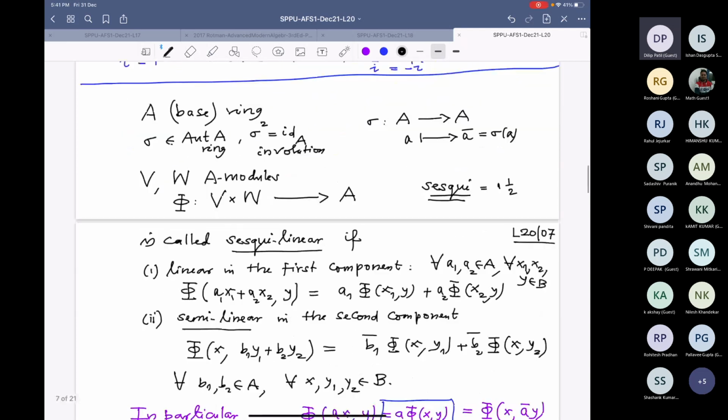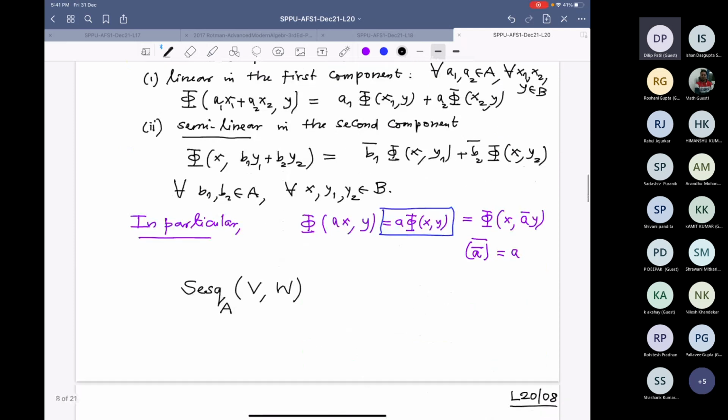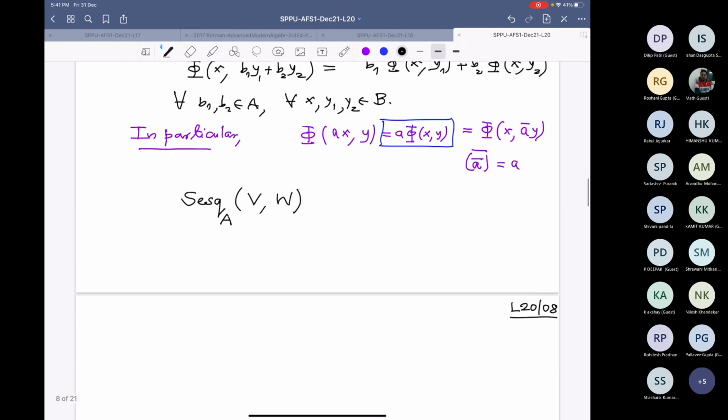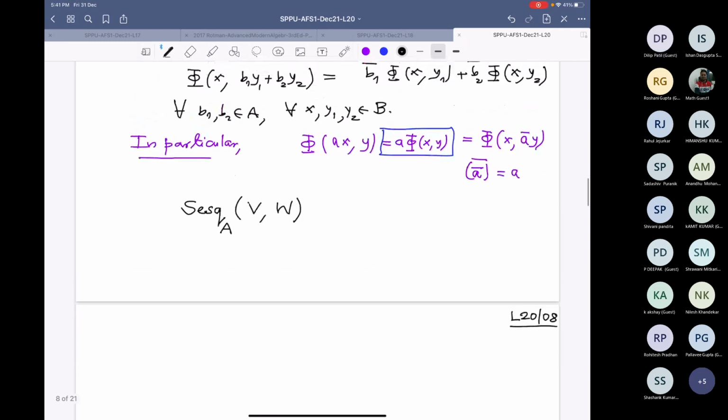One should keep that general thing in mind. The definition makes sense more generally, but when you prove theorems, we need to assume something, so when you state theorems, you have to write your assumptions very carefully. All right, this is sesquilinear, and in this notation we will also have to mention the involution, because your ring may have more than one involution.